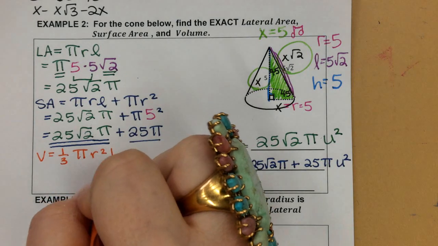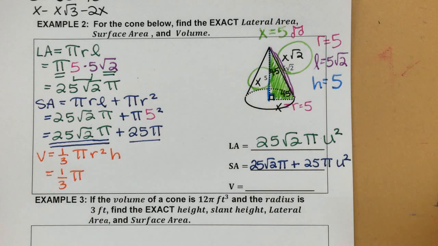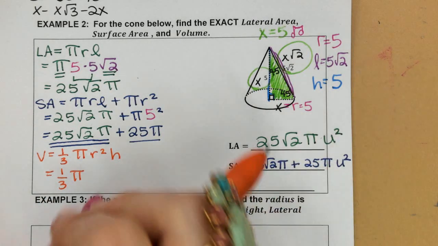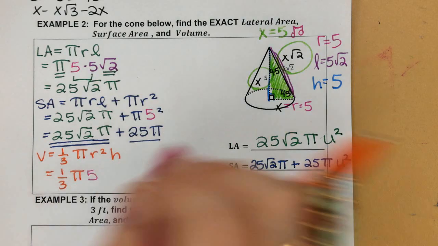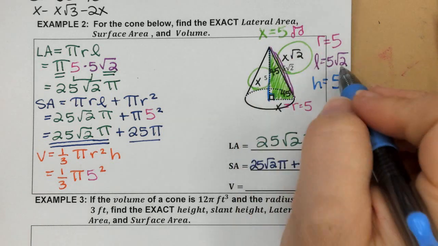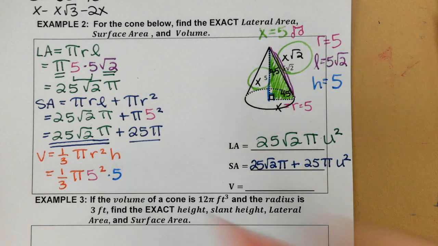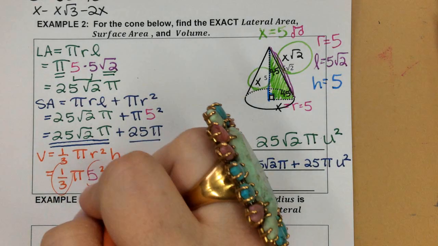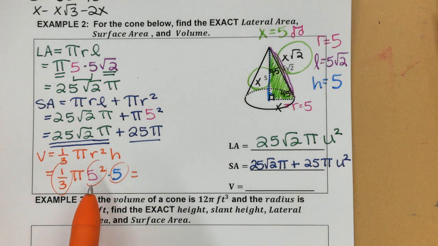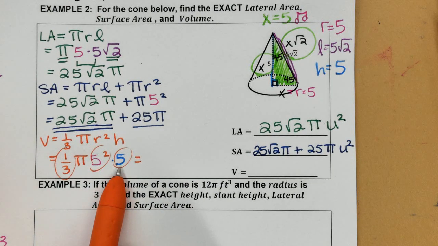And then we've got our volume formula. Radius is 5, and my height is 5. And I just multiply all the numbers together. Now 5 squared is 25. 25 times 5 is 125.